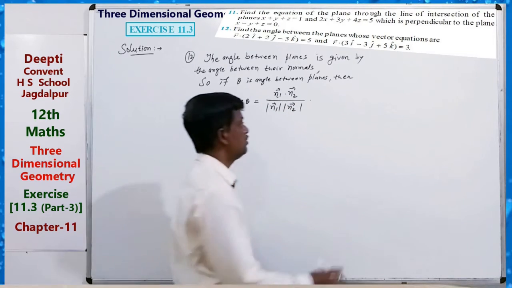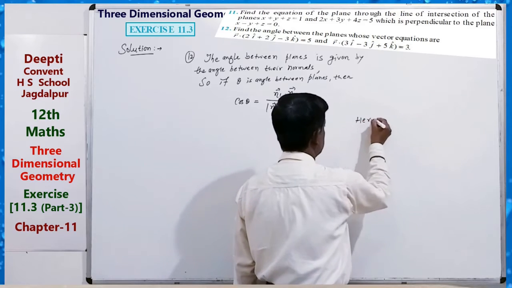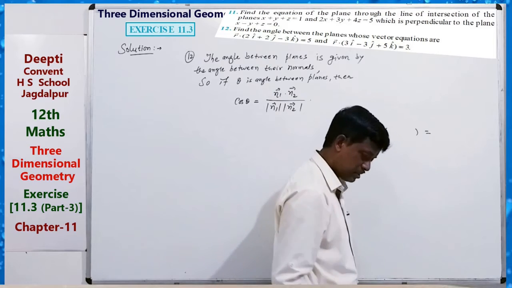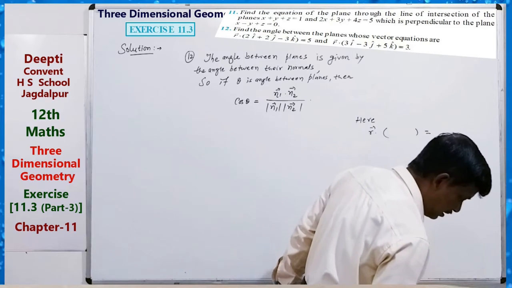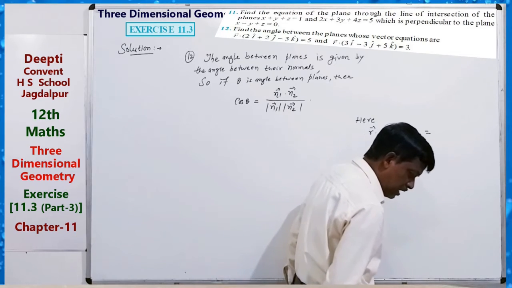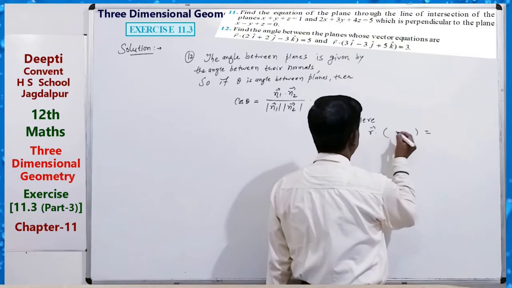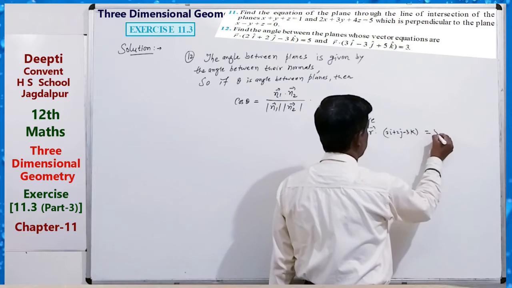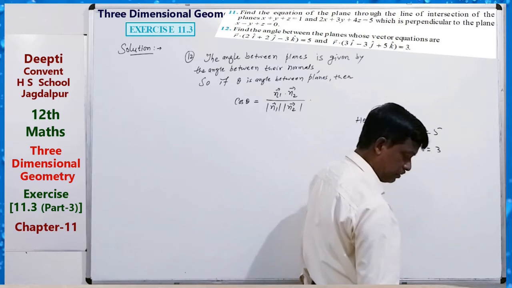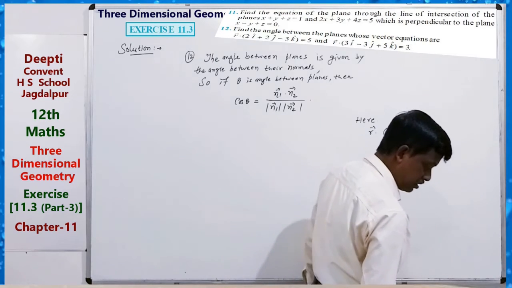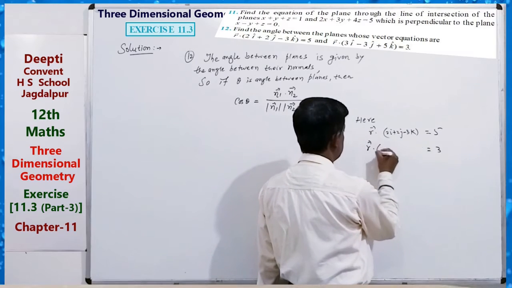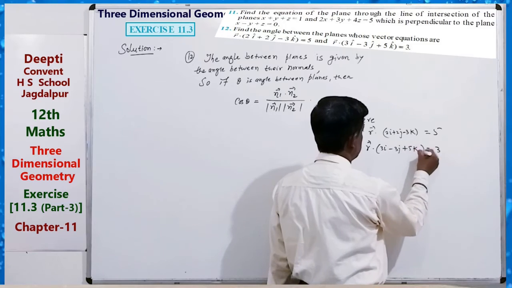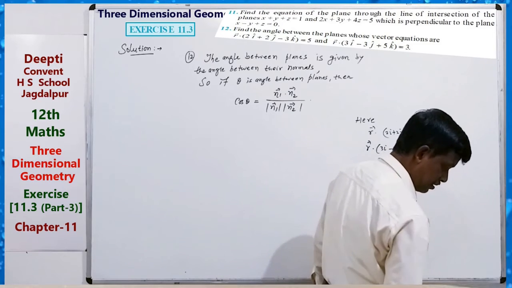Okay. So here, what is given? The first plane is r dot (2i plus 2j minus 3k) equals 5, and the second plane is r dot (3i minus 3j plus 5k) equals 5.